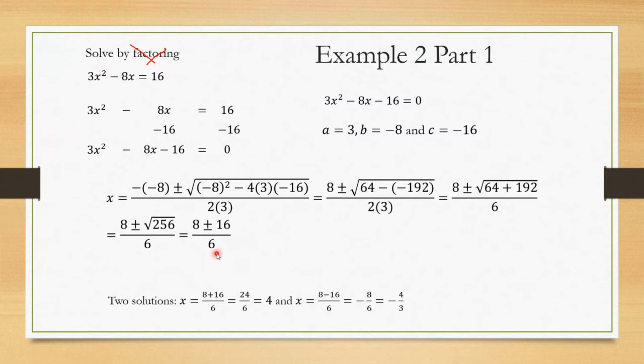From here, we get our two solutions, right? One of them is when we have addition, the other is when we have subtraction. Addition: 8 plus 16 over 6 is 24 over 6, which is 4. Here, we have 8 minus 16 over 6, which is minus 8 over 6, which is minus 4/3. So those are our two solutions.